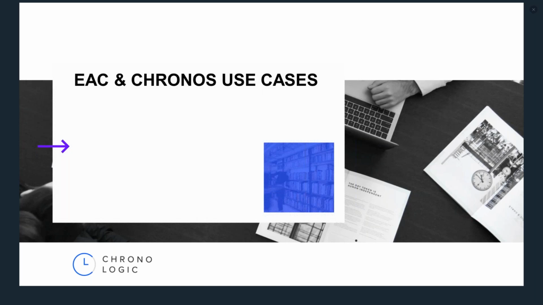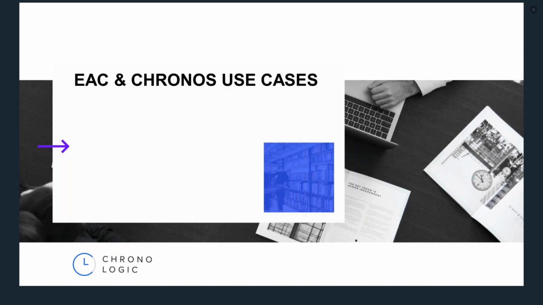So that's all for the updates. Time for us to delve into the main topic of today, which is the use cases for the EAC and Chronos. That's the Ethereum Alarm Clock and Chronos protocols. Before we go into that, just a quick recap. EAC is the Ethereum Alarm Clock, which Piper started working on a while ago.